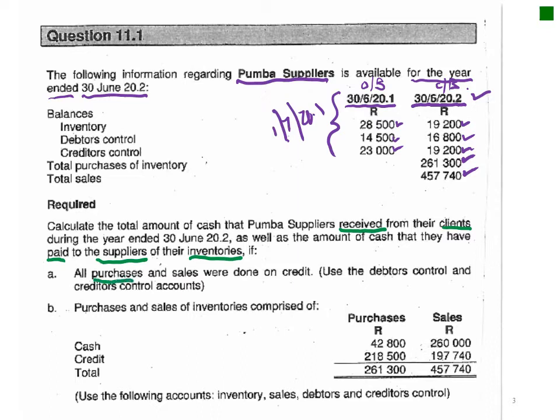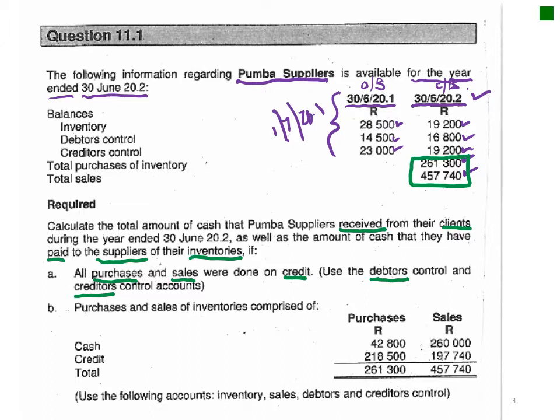We are going to assume in part A that all purchases and sales are done on credit, and they tell us to use a debtors and creditors control account to do our calculation. Remember, these two amounts for purchases and for sales include amounts we've bought on credit and amounts we've sold on credit.